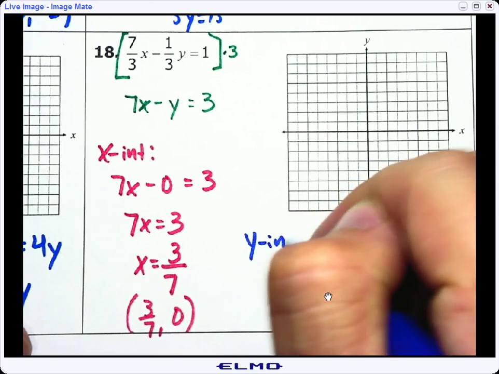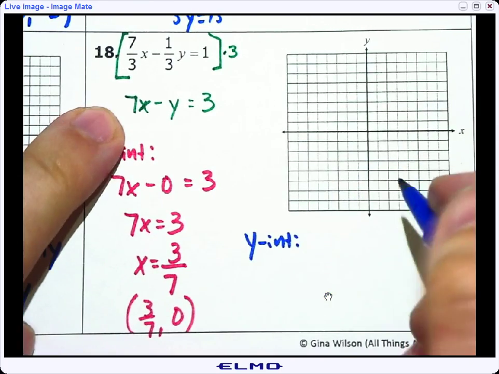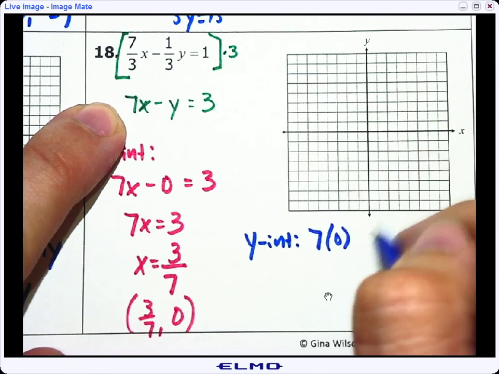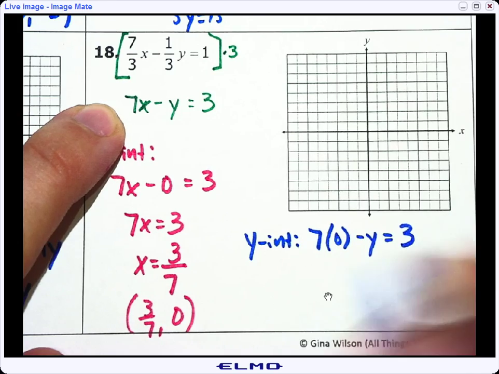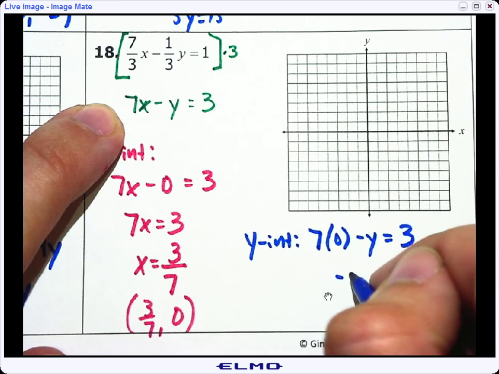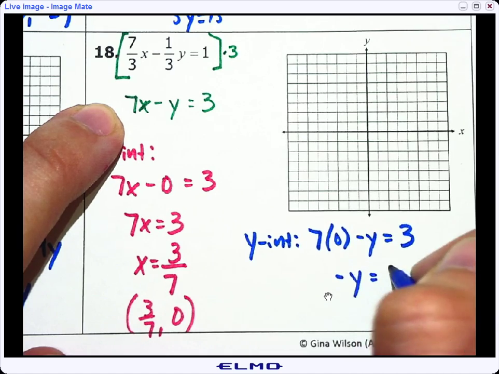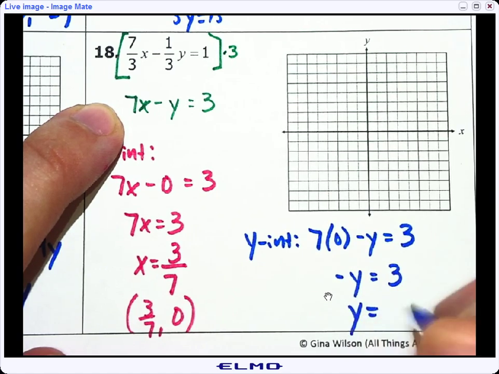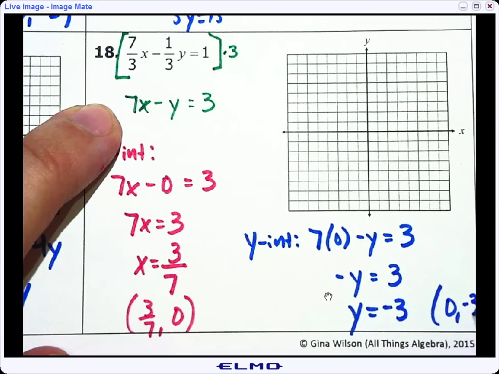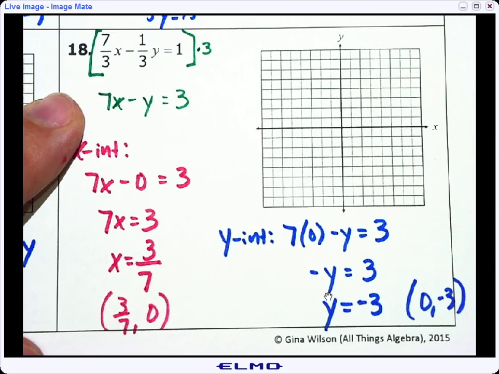For the y-intercept, take this equation and replace the x with 0. That's going to give us 7 times 0 minus y equals 3. Well, that's just going to turn into 0 minus y, which is -y equals 3, which means positive y is -3. So I have the coordinate (0, -3).